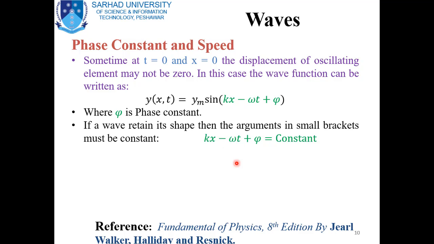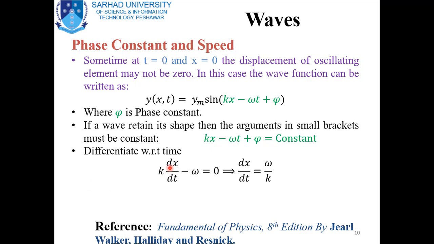If we differentiate this constant phase with respect to time, we get k dx by dt. We differentiate each term of this argument. k is constant, so we only differentiate position with respect to time. Minus omega, the differentiation of time with respect to time is equal to 1, so we are left with omega.